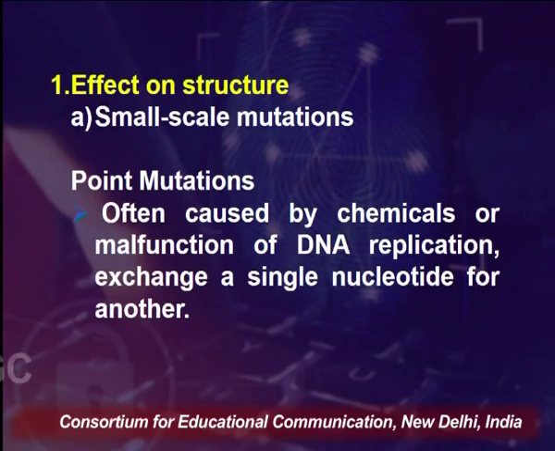So, when we talk about mutations causing an effect on the structure, we call them small scale mutations. Small scale, as the name suggests, these are the point mutations. These are often caused by chemicals or malfunctioning of DNA replication, where a single nucleotide is exchanged for another nucleotide. Point says that a single nucleotide will be affected.